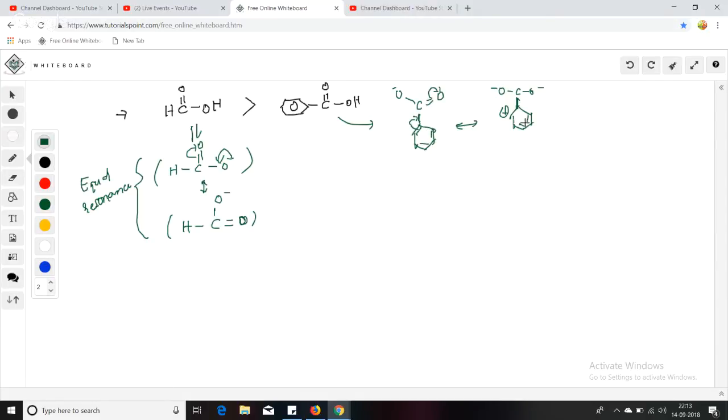Here you see the negative charge is on the oxygen atom, and here we have positive charge. But for the positive charge in the ring, we can draw another resonating structure, and then the next resonating structure also. So the positive charge will be at the alternate carbon atom. Those are resonating structures, but not equal resonance.